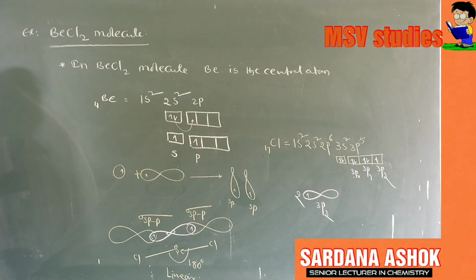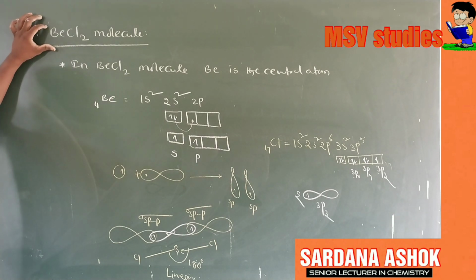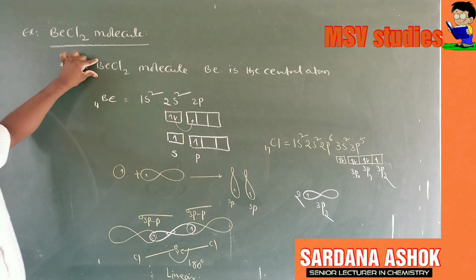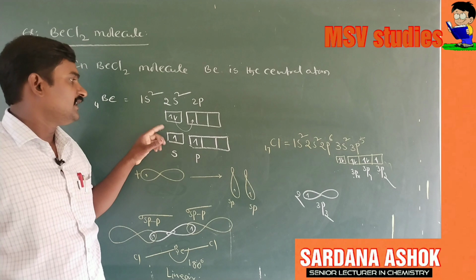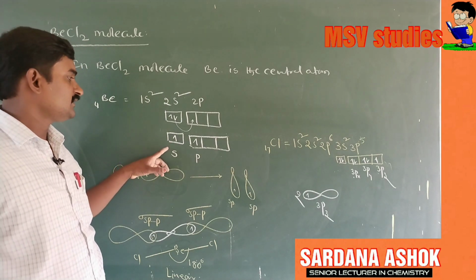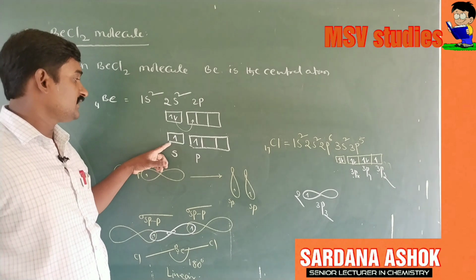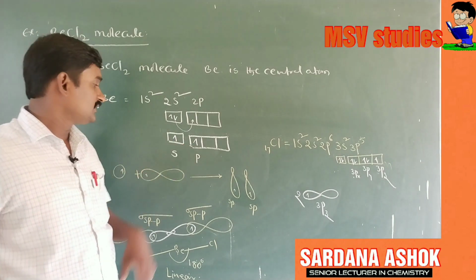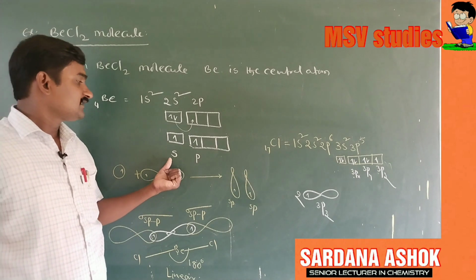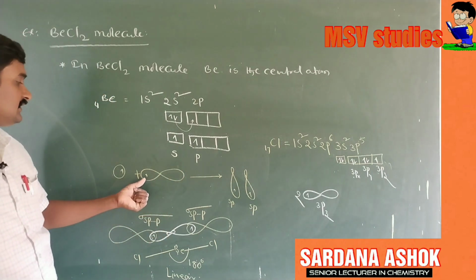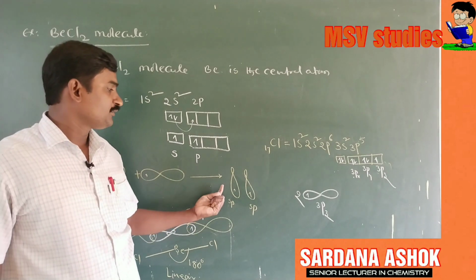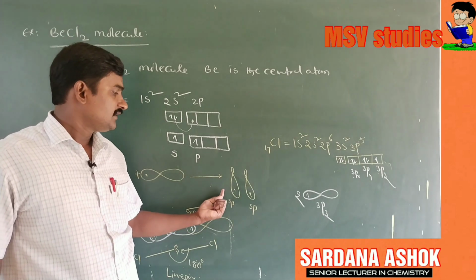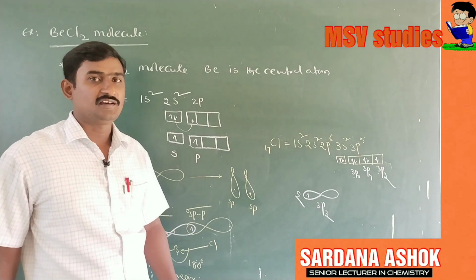For sp hybridization, we take beryllium chloride, the BeCl2 molecule, as the example, in which beryllium is the central atom. The electronic configuration of beryllium is written as follows, and we take the excited state electronic configuration. In the excited state, beryllium possesses two unpaired electrons, and the s orbital and p orbital with unpaired electrons are involved in the hybridization process and produce two sp hybrid orbitals.